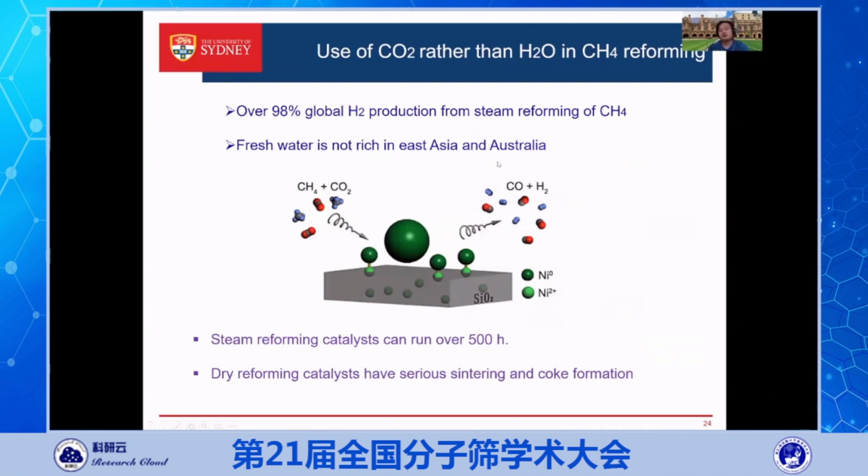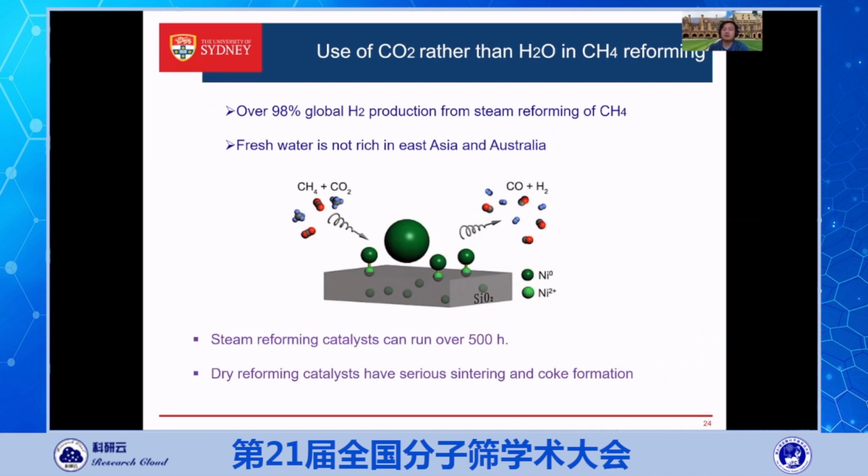Dry reforming is one potential hydrogen production process to replace steam reforming, which uses water. The majority of natural gas rich countries like Australia or the Middle East are not rich in fresh water. So if we are able to use CO2 to replace the water in dry reforming, it will bring both environmental and economic benefits.